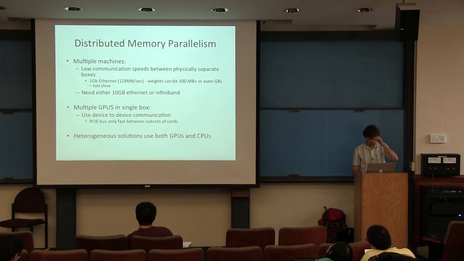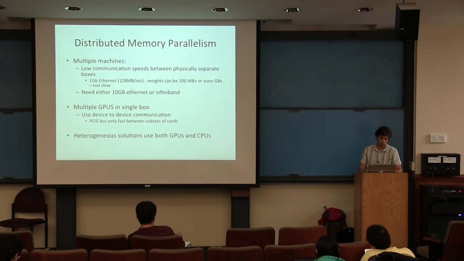If you have multiple machines, so this is when you're distributing your neural network across multiple different computational nodes in a more classical high-performance computing cluster, one of the really important things is to realize that the communication time between these boxes is very slow.